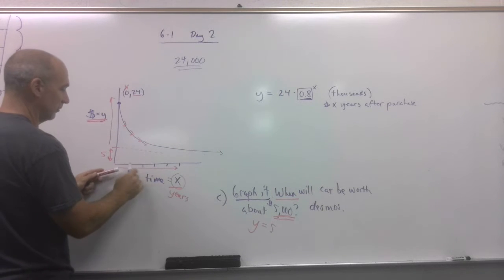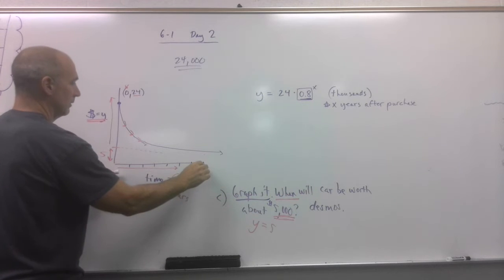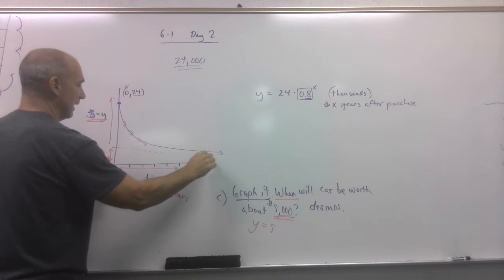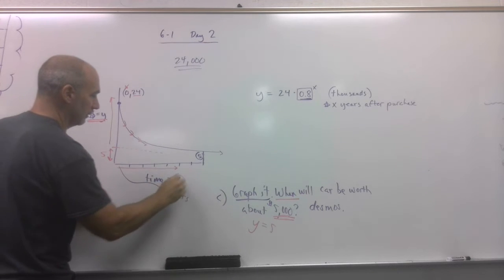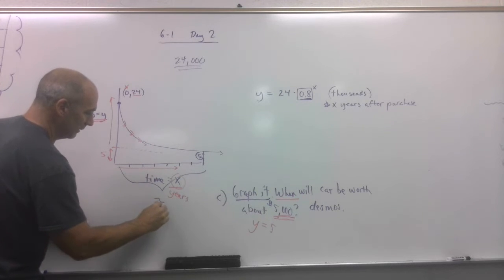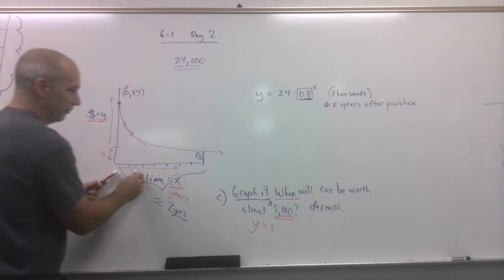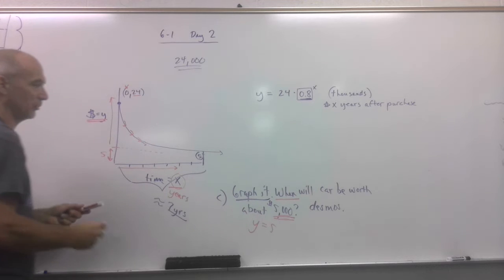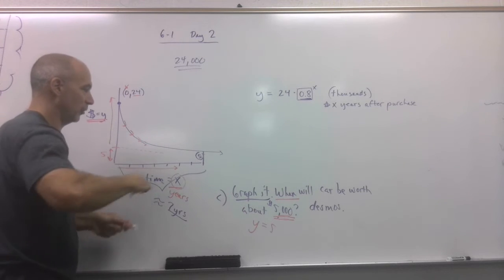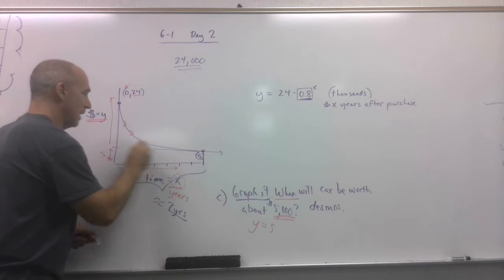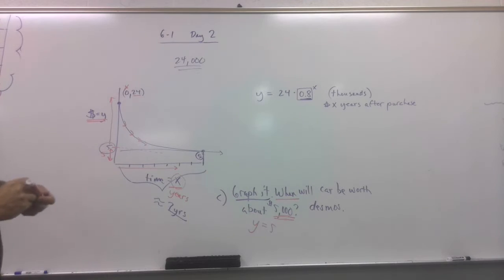And you would notice 1, 2, 3, 4, 5, 6, 7. We go up 5. So there's the value of the car. But it would take approximately 7 years if you look along the right-hand portion of your Desmos graph for it to be 5 above. So we're looking for that spot to match our 5, which represents $5,000.